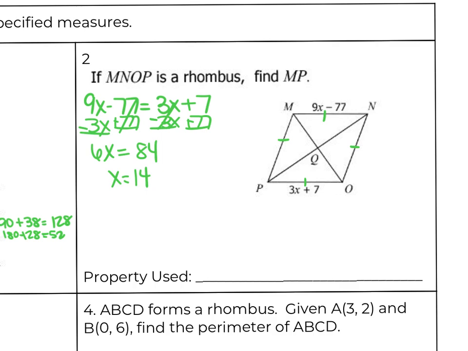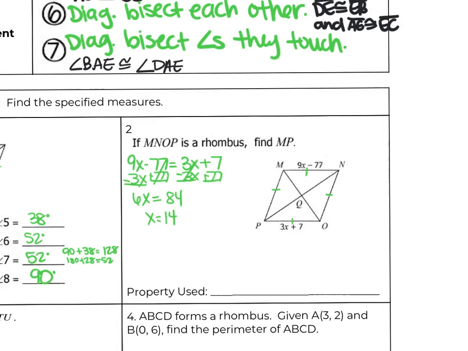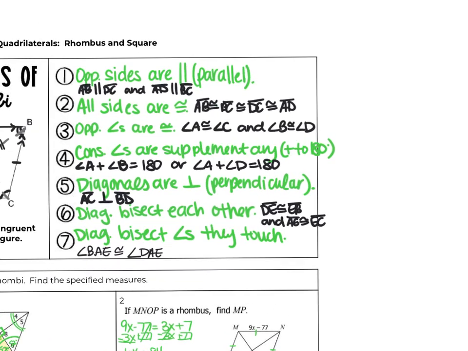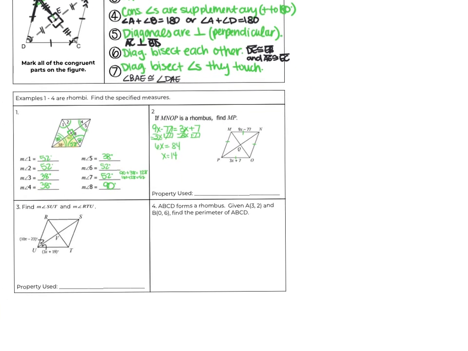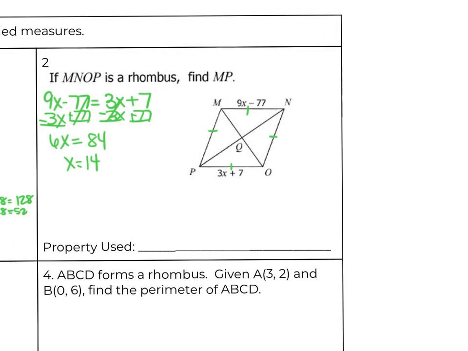The property I used was that all sides are congruent, and that is what you'll write, something like one of those.